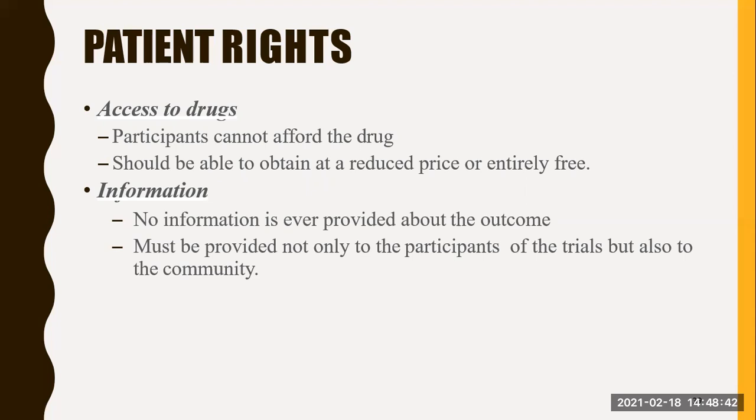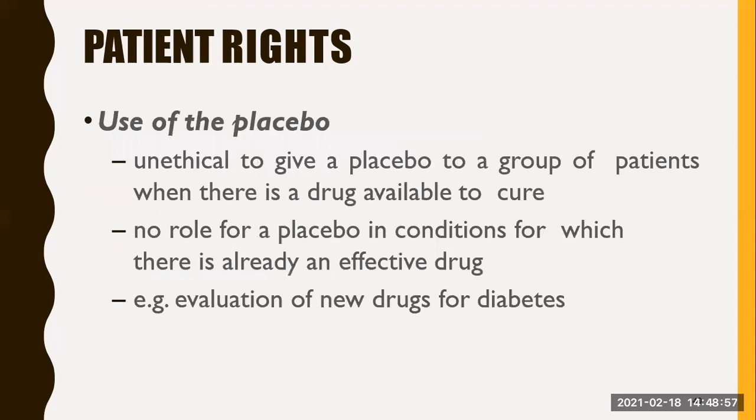So, which is morally very wrong, participants have the right to know what has happened to the drug which they were taking as a clinical trial subject. Okay, so information must be provided by the sponsor to the patients.